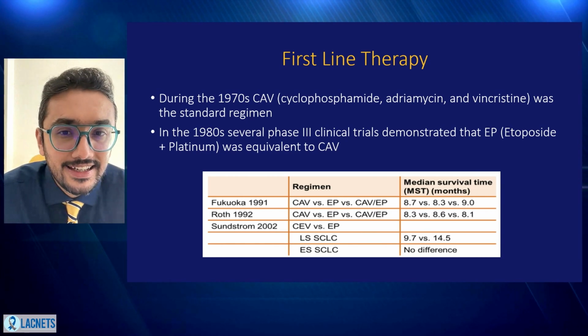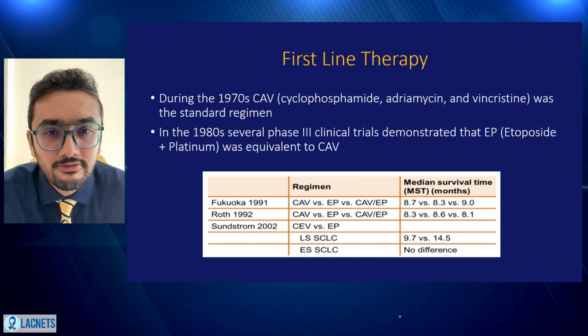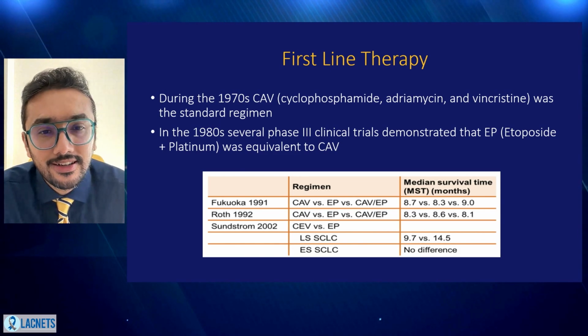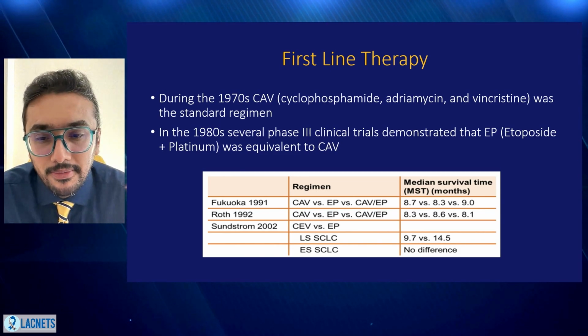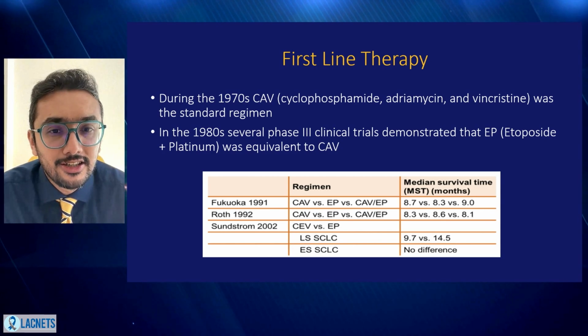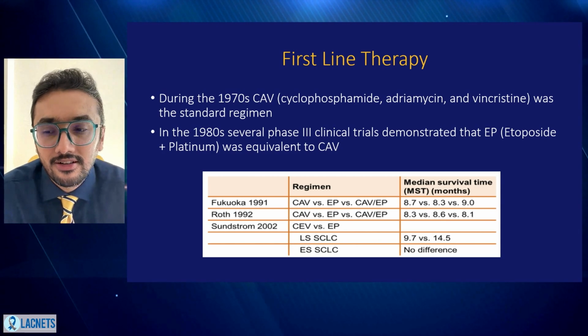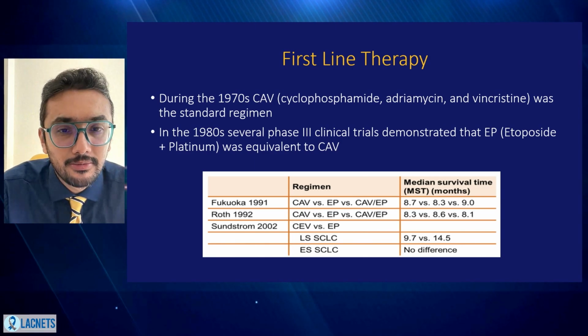Since the 1980s, that has really taken over as the frontline treatment. And today, if you have a patient with small cell lung cancer in South America, North America, Europe, India or China, that is our go-to treatment for metastatic cancer, the platinum doublet.